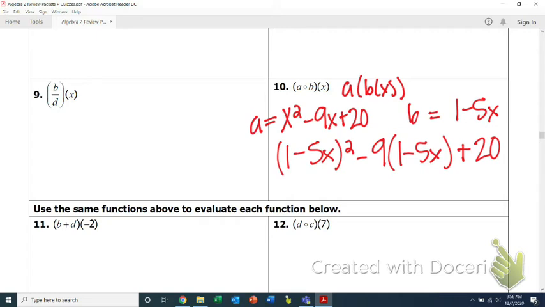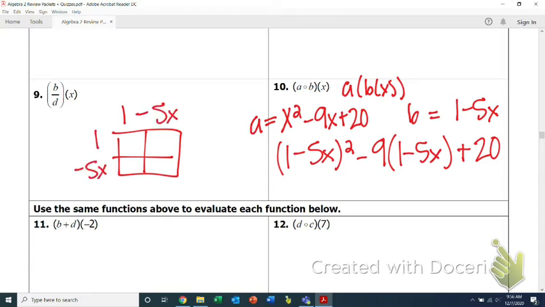So this becomes (1 minus 5x)(1 minus 5x) because there's a square. So this equals 1 minus 10x plus 25x squared.